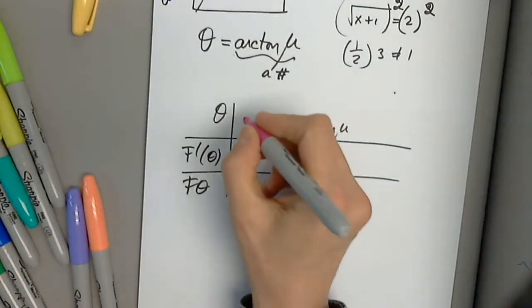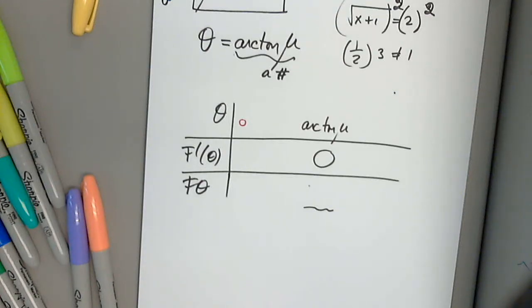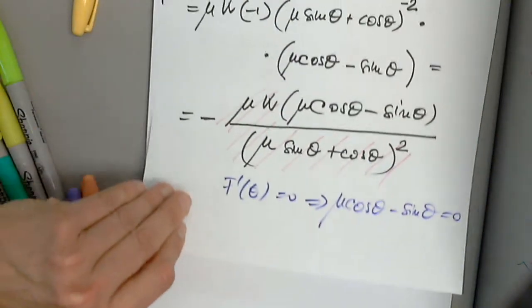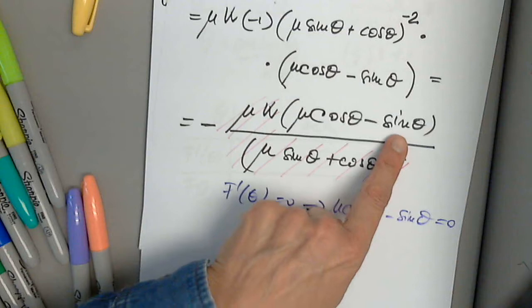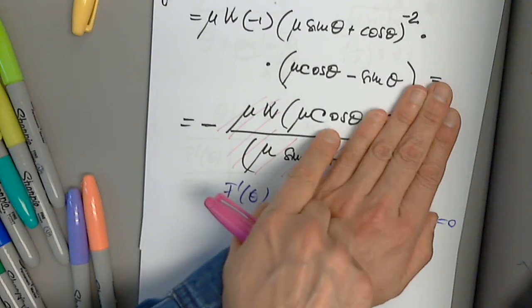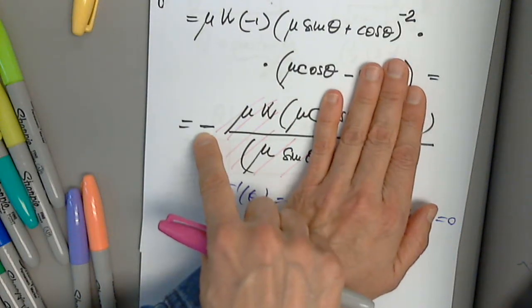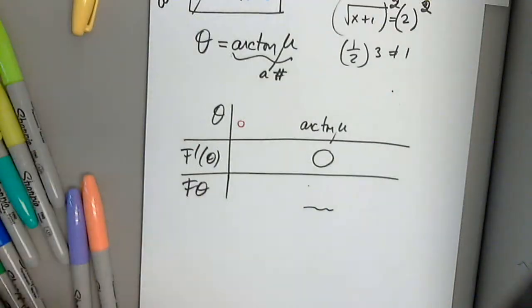Okay. So I'm going to say 0, because this cannot be 0. So let's plug in. How much is sine 0? 0. How much is cosine 0? 1. Good. How much is mu times negative 1? A negative number. That's all I needed you to say.